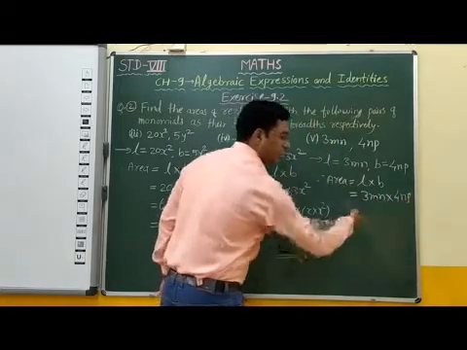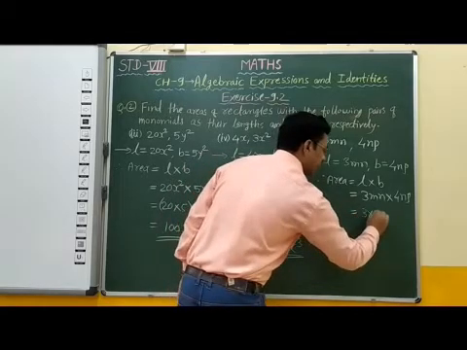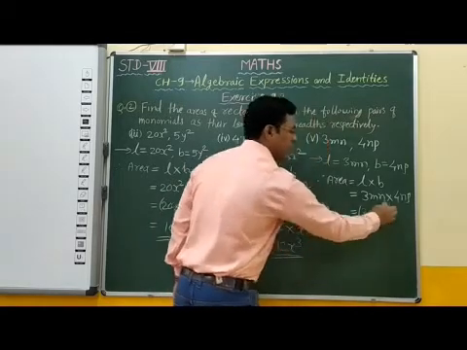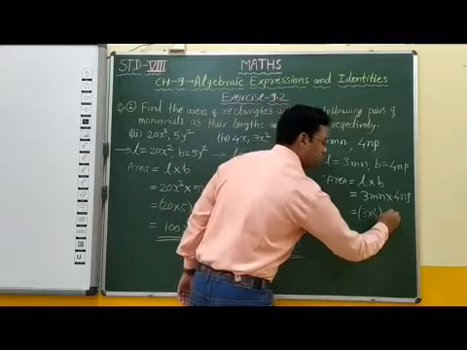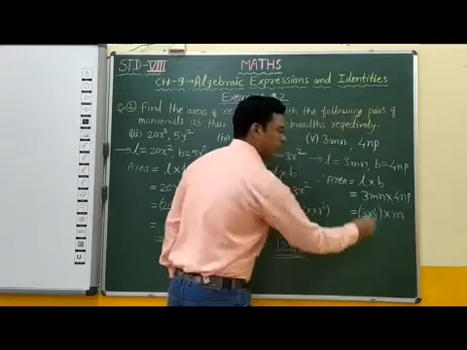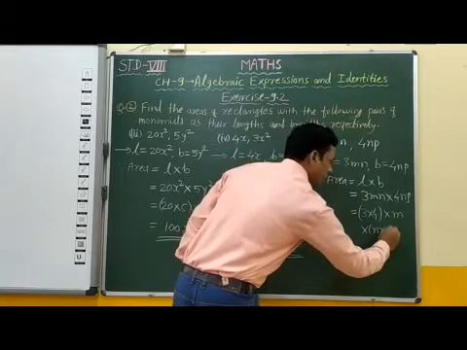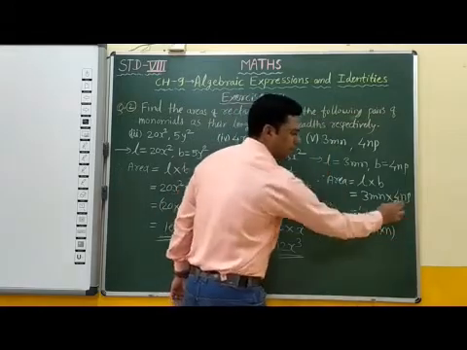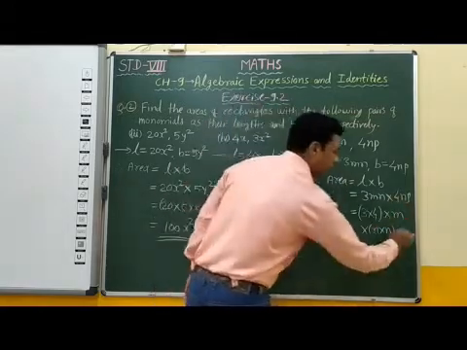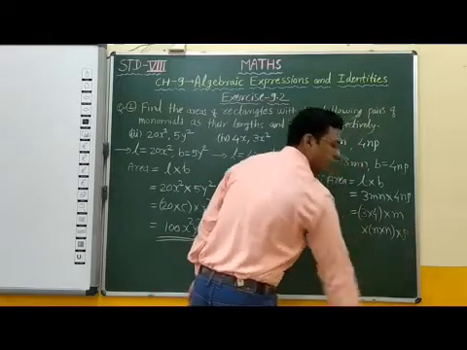Therefore multiplication of coefficients 3 into 4. Here m, here no m, therefore only m. Now n, therefore multiplication of n into n. Now here p, here no p, therefore multiplication of p only 1 time.